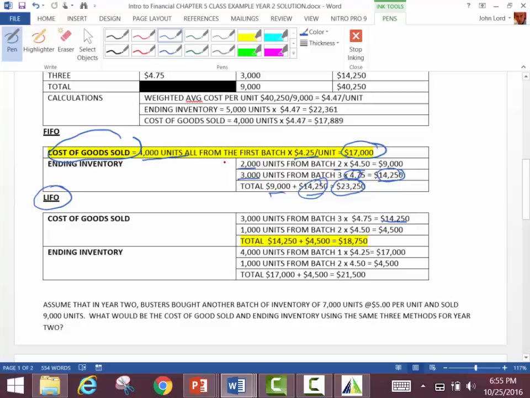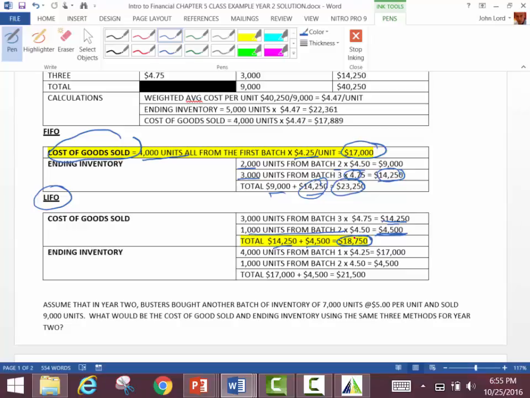That's going to be 4,500. Even I can do that one in my head. That's 1,000 at 450. We add those two numbers together. We get the 14,250 plus the 4,500. So our cost of goods sold is 18,750, right?